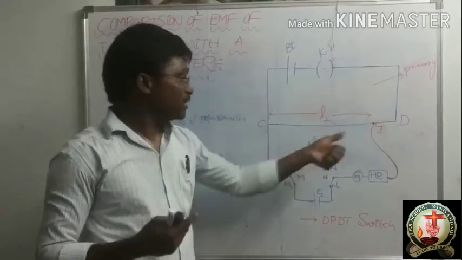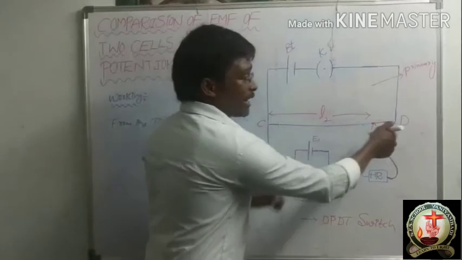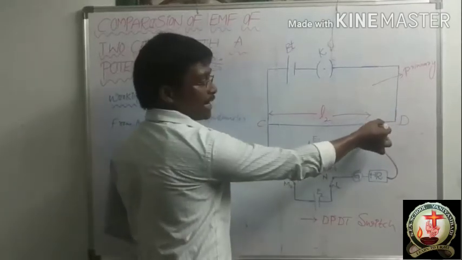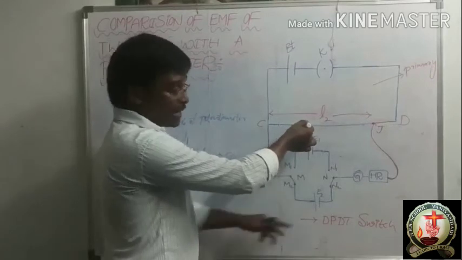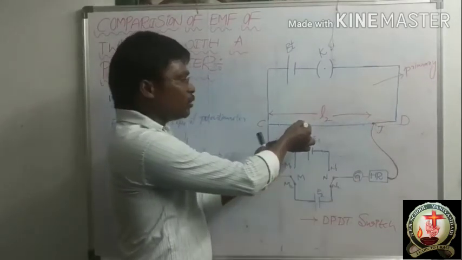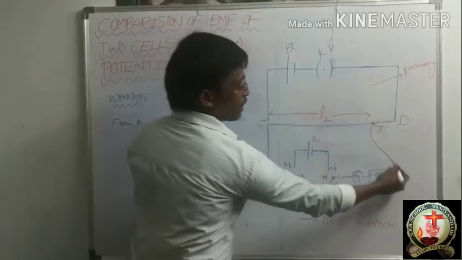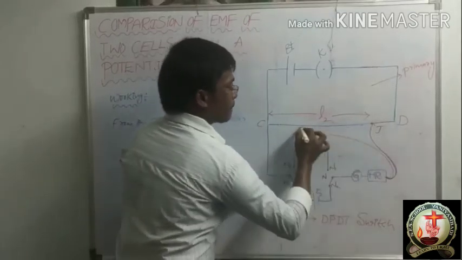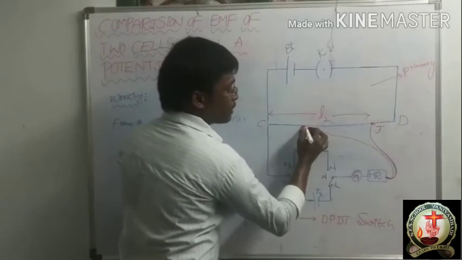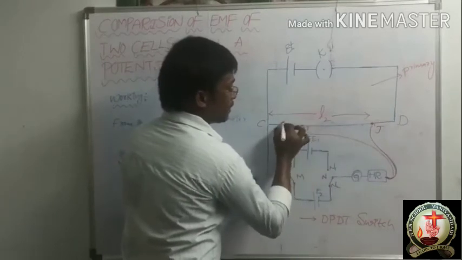Okay, master, I will keep the jockey here and continuously keep moving it. Here the galvanometer is showing zero deflection, so you can mark point J here. This is the balancing length.